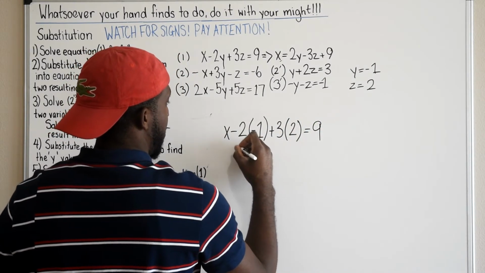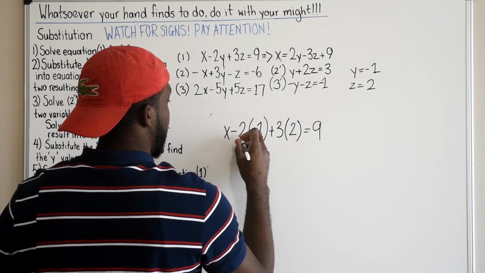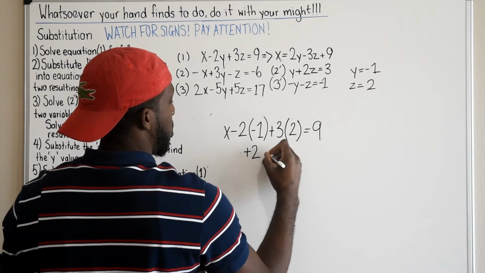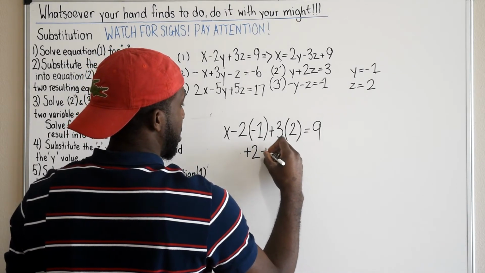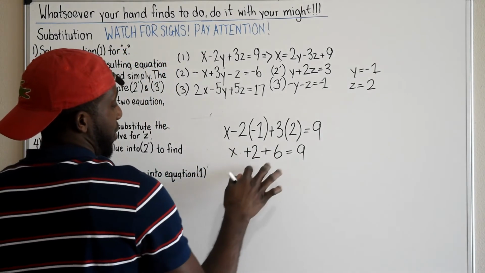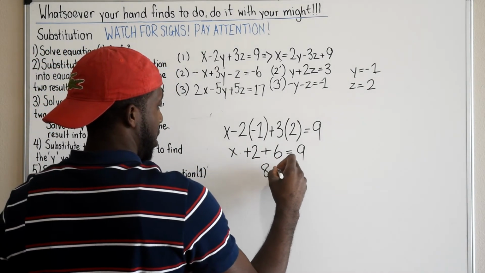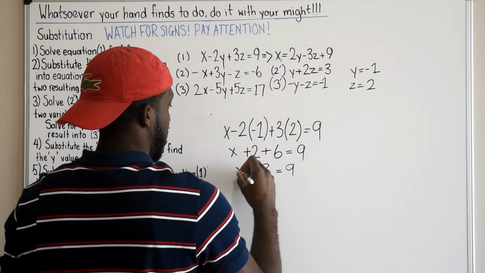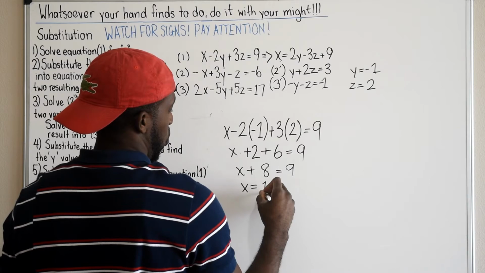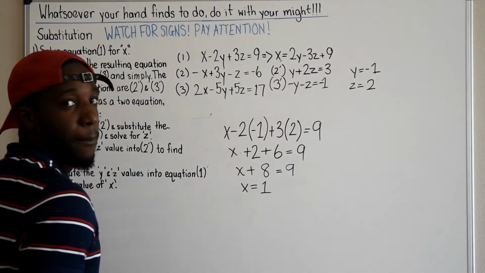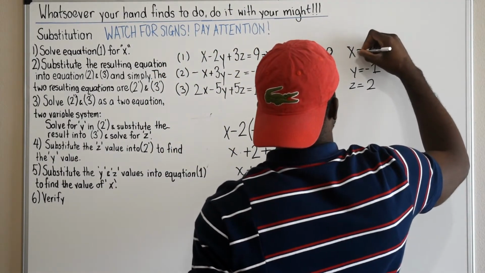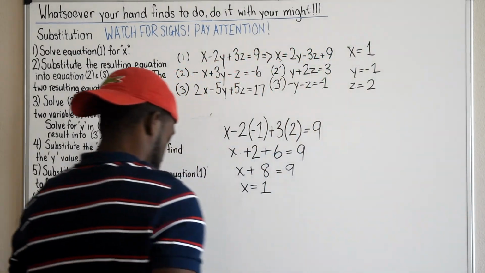So now we have negative 2 times negative 1, that's positive 2, plus 6, and x. So now we have 2 plus 6 is 8. And then we have x equals 1. It's easy. Okay, so I'm gonna write x equals 1 right here.